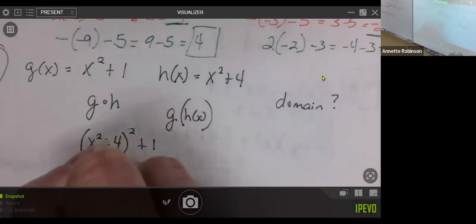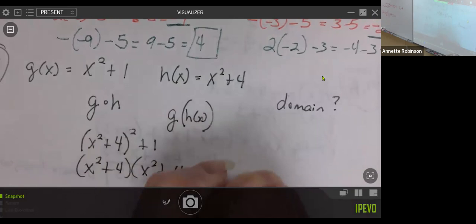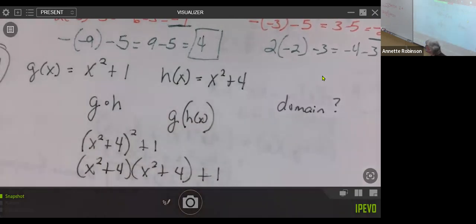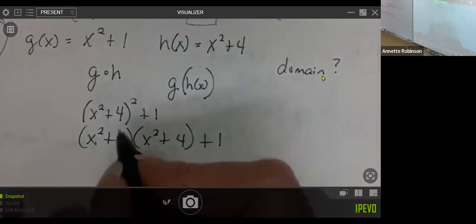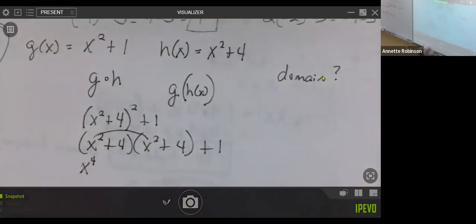All right, so take x squared plus 4 and write it down twice. So x squared times x squared is x to the 4th. I didn't say it wasn't the answer.